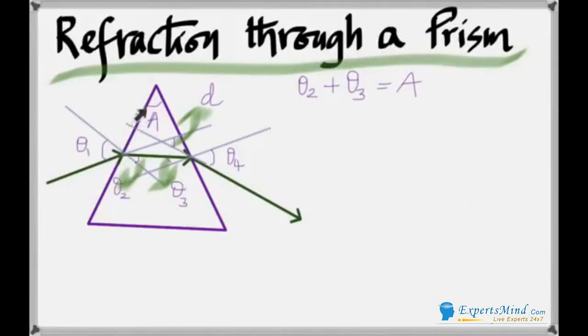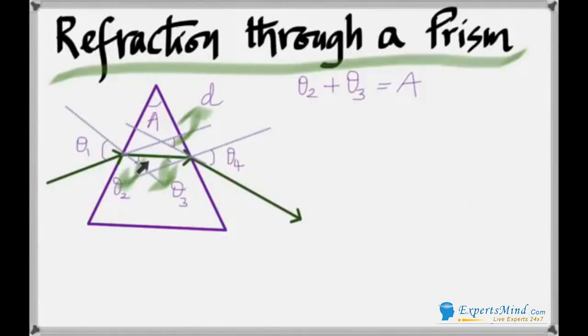One side, 2, 3, 4. Isn't that a quadrilateral, a four-sided diagram? And therefore, the total angle should be 360. But we already know that this is 90, and the other one is also 90, correct? Therefore, if you add this A and this angle, you must get 180.